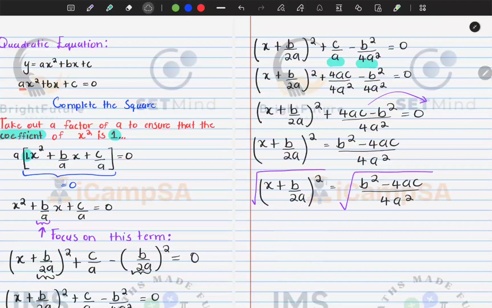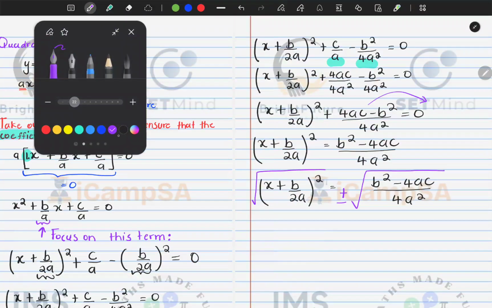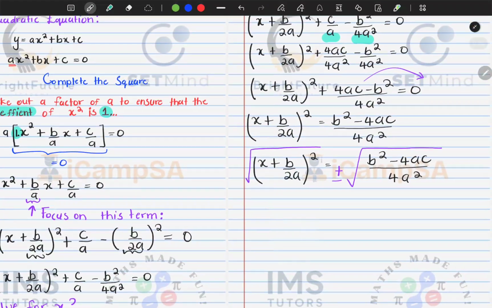But what we remember is that when we introduce a square root, it's not just one solution that we get. We get two solutions. So the solution which we get is plus or minus. Just think about it, because if you square back, the square will eventually cancel the square root and also the negative, if there is, which would come out of that.